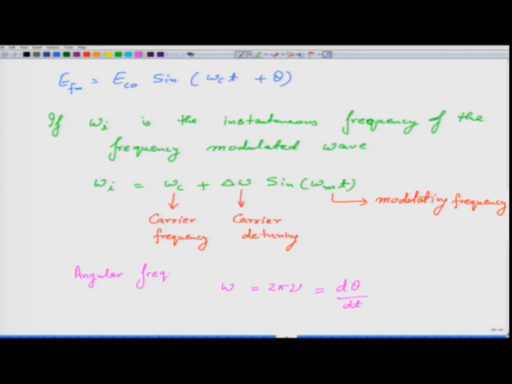So, we can write omega as 2 pi nu, and that itself is equal to d theta over dt. So, we can rewrite d theta as omega dt, and if we want to get theta, we have to integrate this: theta is the integral of omega_i dt.